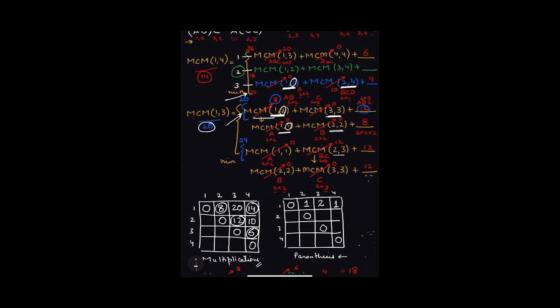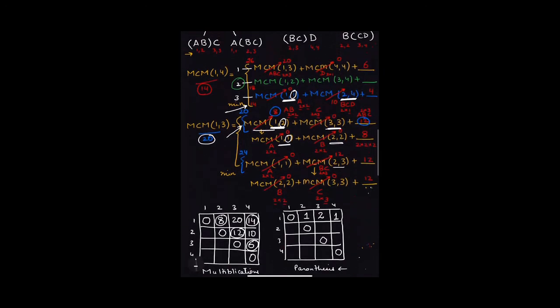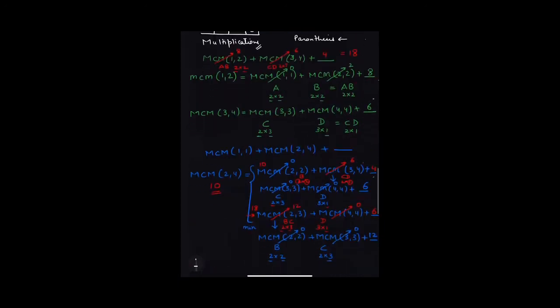To find the value of 2 comma 3, we have got this value from 2 comma 2 and 3 comma 3. So we are going to pick up this value and write 2 over here. Then we have to find the value of 2 comma 4. For 2 comma 4, we have got the value from this equation and the matrices 2 comma 2 and 3 comma 4.